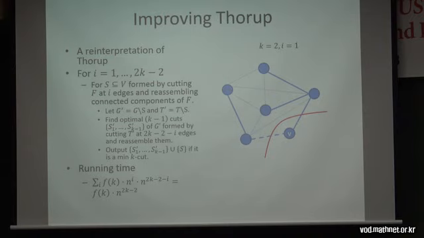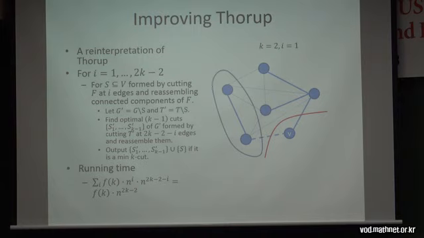The number of edges in the forest is 2k minus 2 minus i. So the promise is that the remaining k minus 1 cut will cross the forest in at most 2k minus 2 minus i edges. So the running time will remain the same, worse by some factor depending only on k, but that's fine. So this is one stupid way to reinterpret Thorup's algorithm.